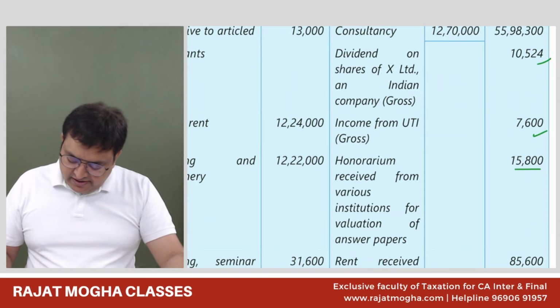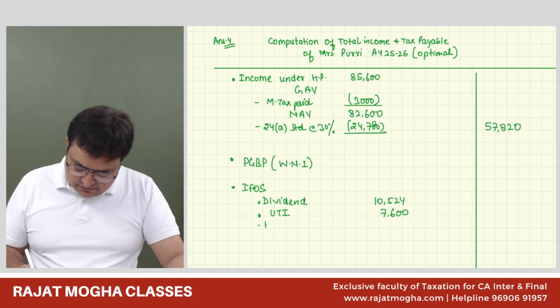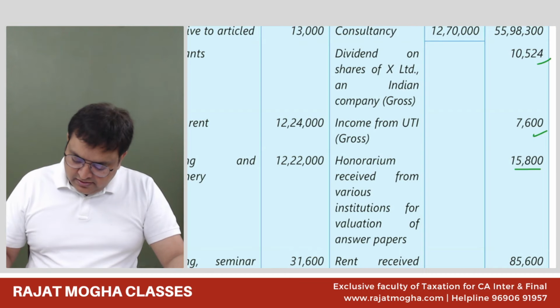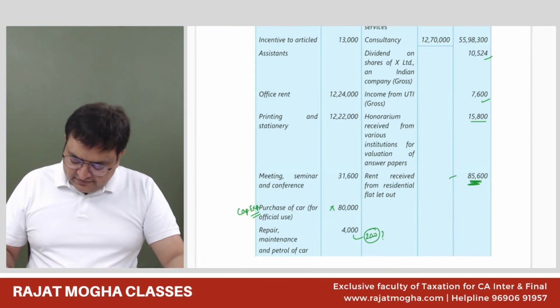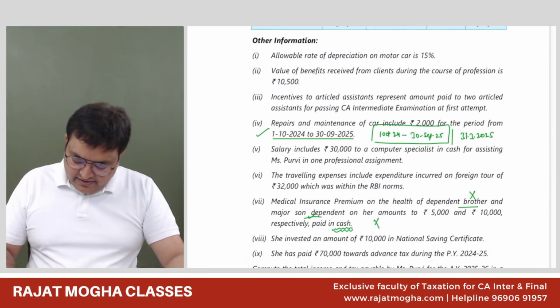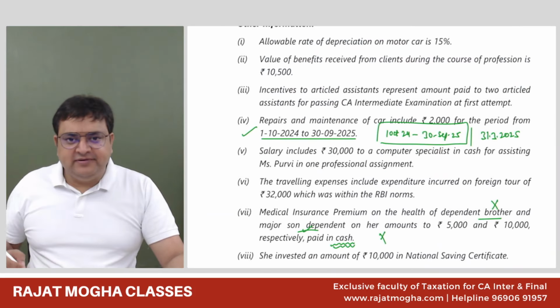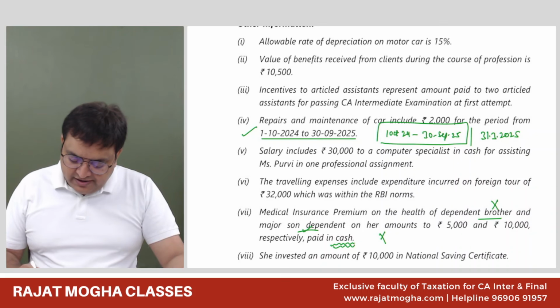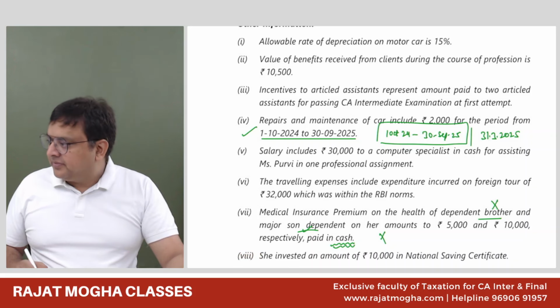Honorarium 15,800. Any other thing? Then there is rent, that is not IFOS, it is house property. And here, just look at your information for a minute, if you are leaving any of the IFOS: depreciation, this is the value of benefit that will go in PGBP, incentive to clerk or article assistance, repair, salary expenses, traveling expenses, medical insurance, NSC, or advanced tax.